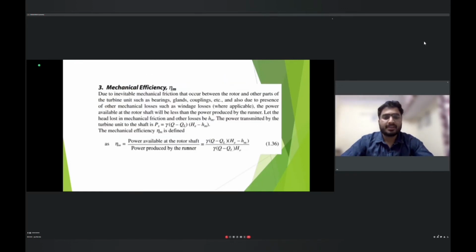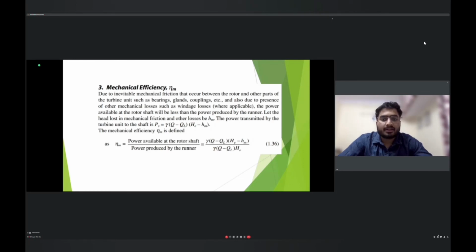The third one is the mechanical efficiency. Due to the inevitable mechanical friction between the rotor and other parts of the turbine unit, such as bearings, glands, coupling, etc., and also due to the presence of other mechanical losses such as windage losses where applicable, the power available at the rotor shaft will be less than the power produced by the runner.